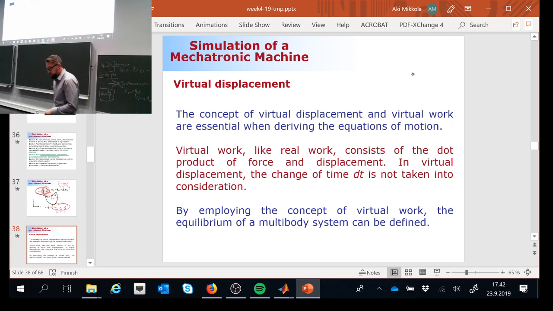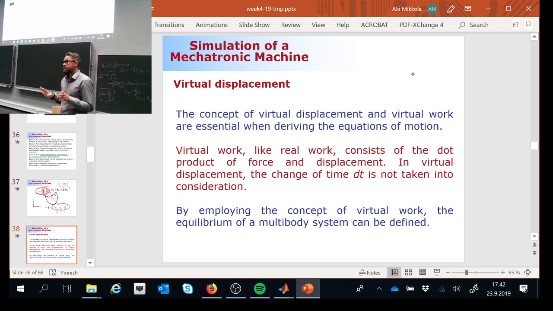So how does it go in detail? The big picture was as I explained, so let's move to the details. We can introduce the virtual displacement, which is kind of like a displacement. The difference is that when the virtual displacement takes place, we are assuming time is not running. That's the big difference between displacement and virtual displacement. Of course, we say the virtual displacement is very small, but that's less significant.